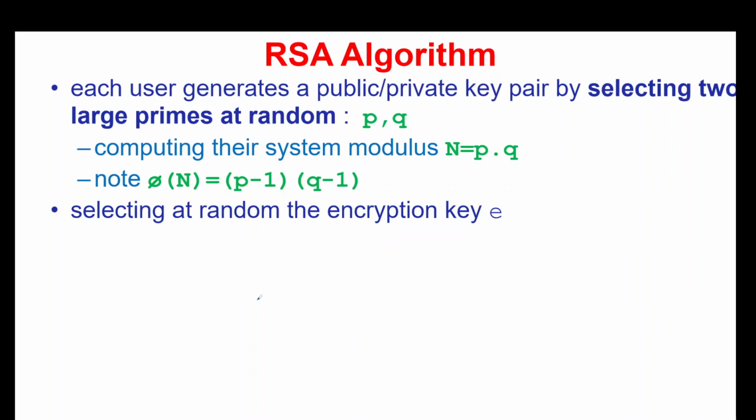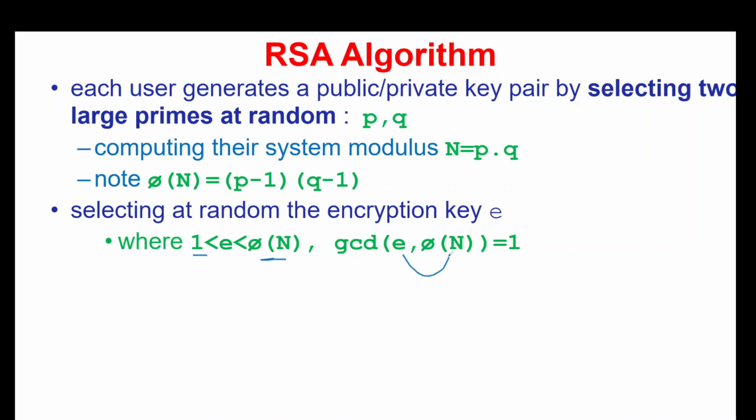Second step, we select an encryption key called e at random. I can choose any number with only one condition: that number should be in the range of 1 to phi of n, and it should have a GCD of 1 with phi of n. That means e and phi of n should be co-prime to each other.